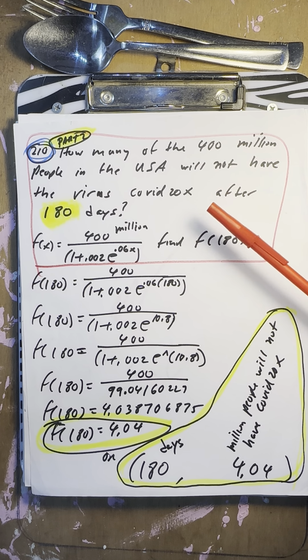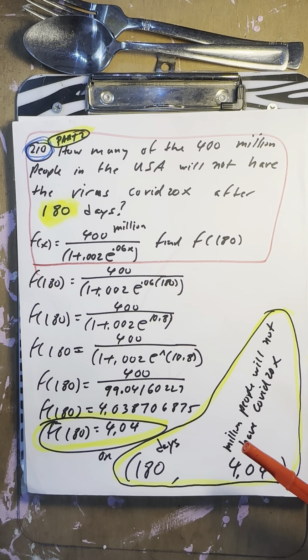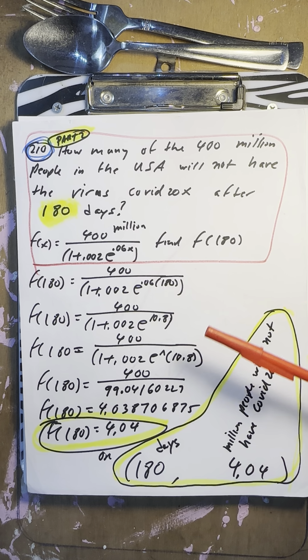I'm going to get 4.038, all that, 4.04. So 180 days later, there's 400 million people in the USA. Guess what? 4.04 million people will not have the COVID-20X virus. Only 4.04% will not have it. Everybody else has it.